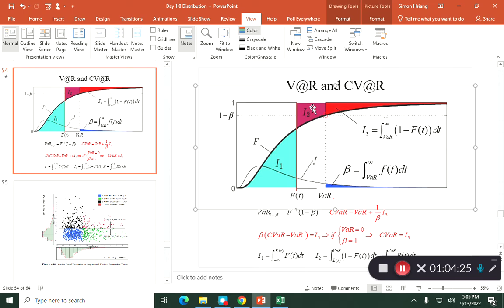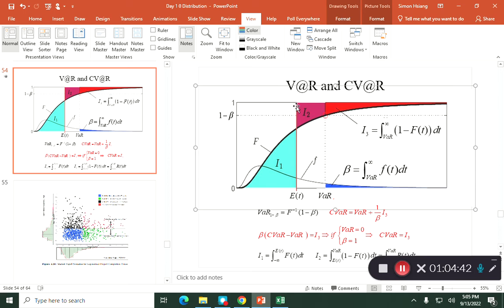In the CDF world, we will have three regions. The first region is from the ceiling to here. This is what we call the I3 region. This is the most important region, I'll explain in a second.